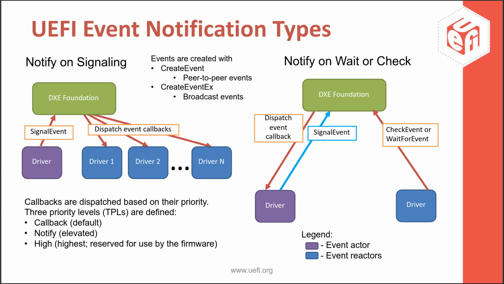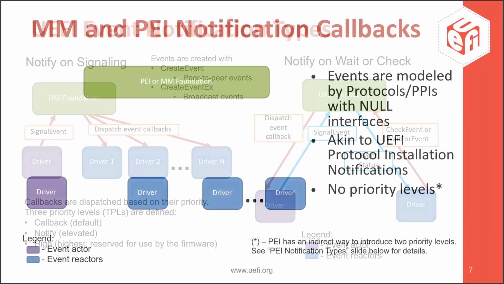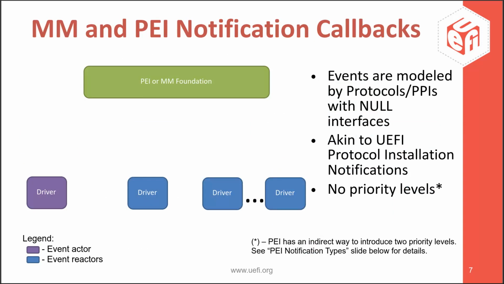For example, whether there is a pending keystroke or not. And if there is, it calls signal event, and then the reactor gets the event status. Most of the events that we will be discussing today are of type notify signal. They are used to implement all those system events.